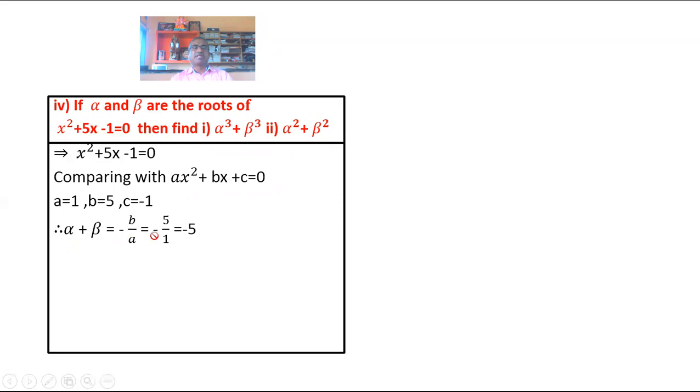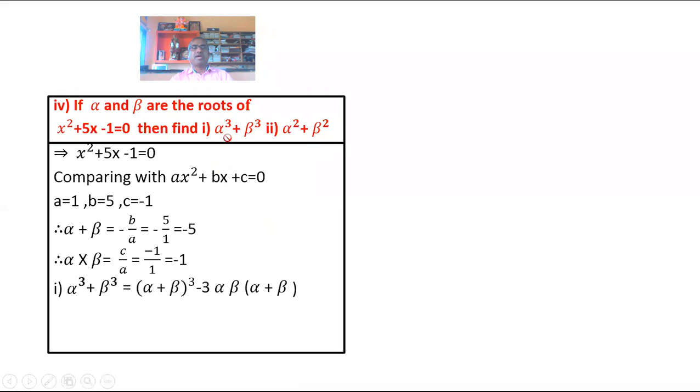There is a minus sign. The value of b is 5 upon 1, so alpha plus beta is equal to minus 5. And alpha multiply beta is equal to c upon a. The value of c is minus 1 upon 1, so alpha into beta is equal to minus 1.